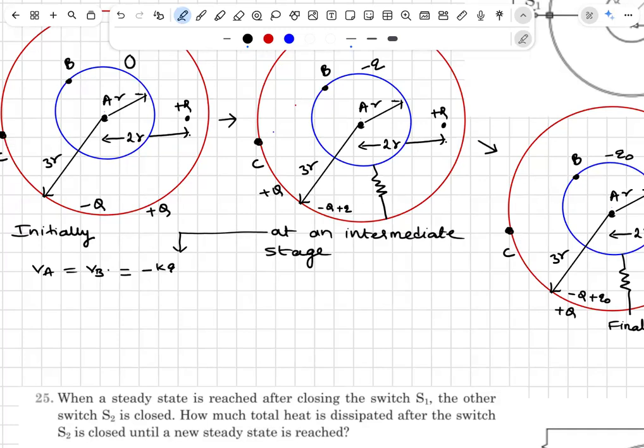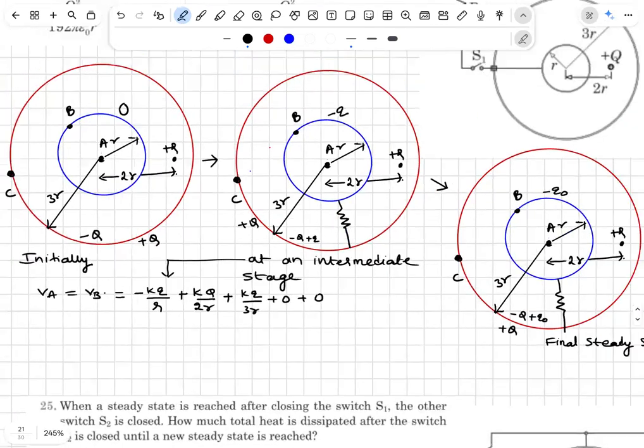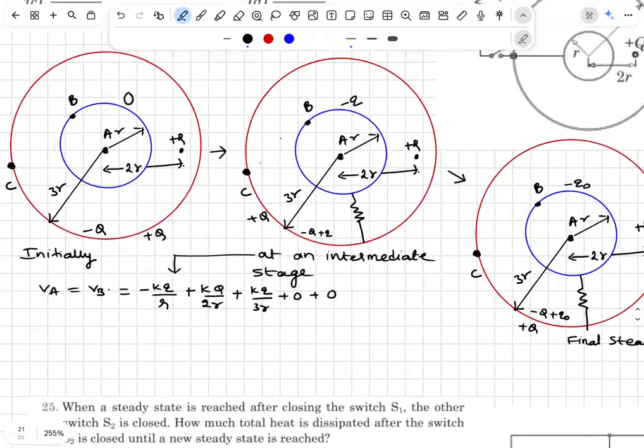Minus KQ by R due to the point charge, KQ by 2R due to this, KQ by 3R. The net minus Q plus Q effect gives 0. Again, this is only in the intermediate stage.